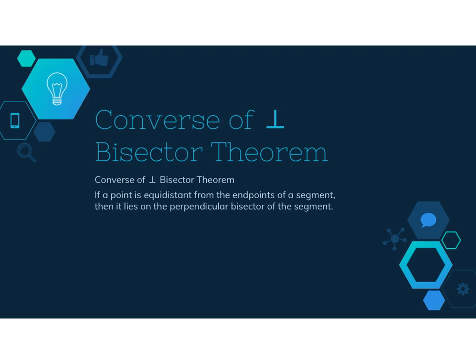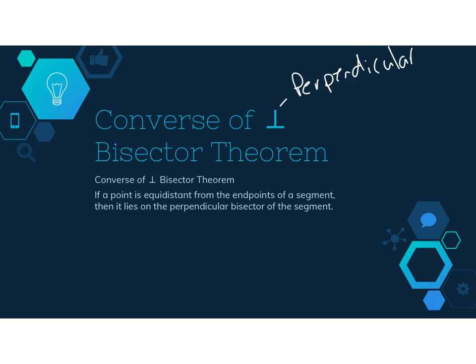Now the converse of the perpendicular bisector theorem, and that symbol there represents perpendicular. This states if a point is equidistant from the endpoints of a segment, then it lies on the perpendicular bisector of the segment.